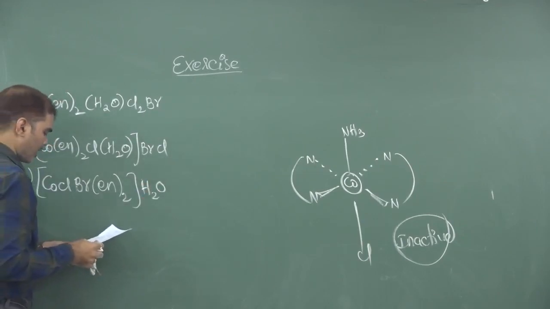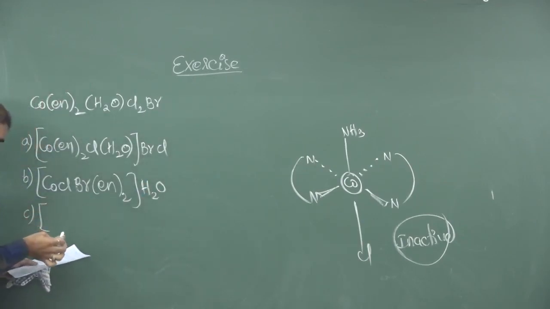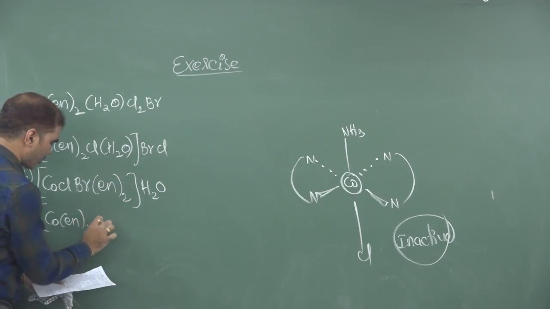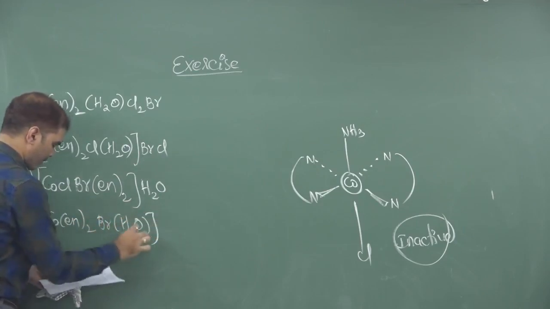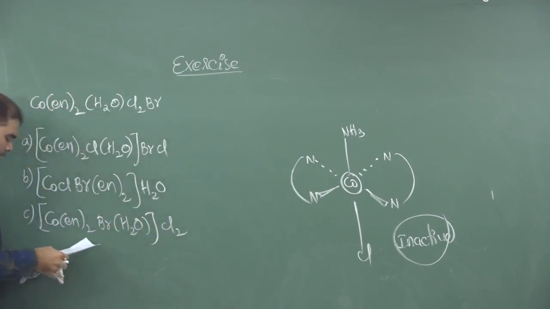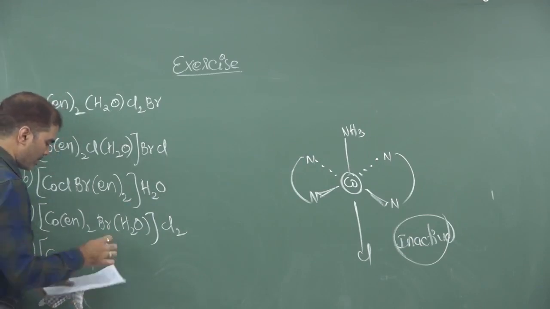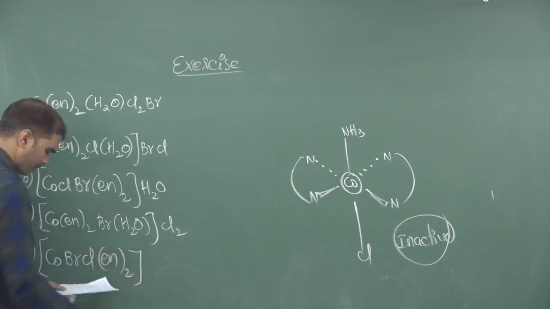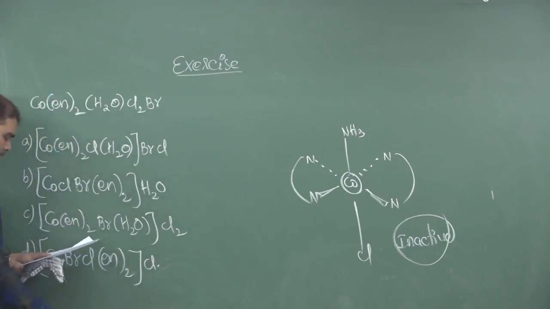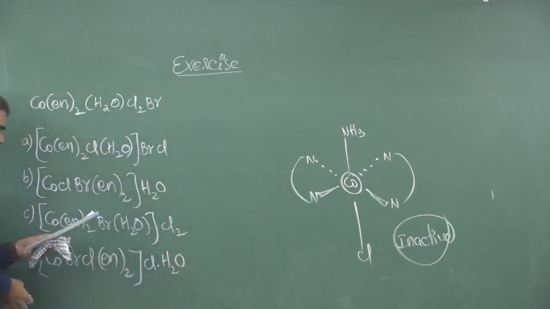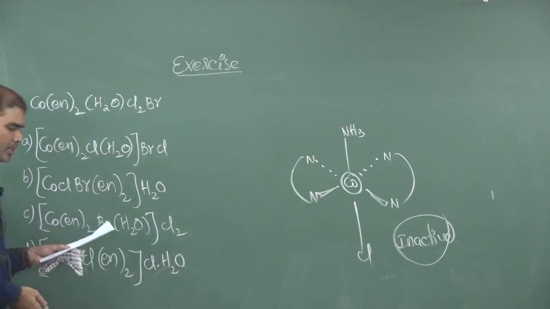Next, upon further reaction with silver nitrate, it gives a white precipitate which is soluble in ammonia. Which is the complex?